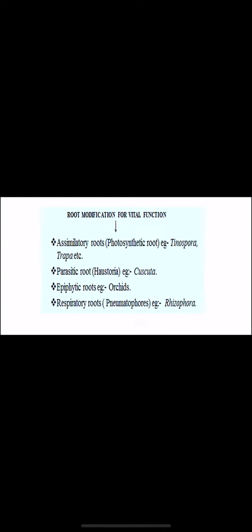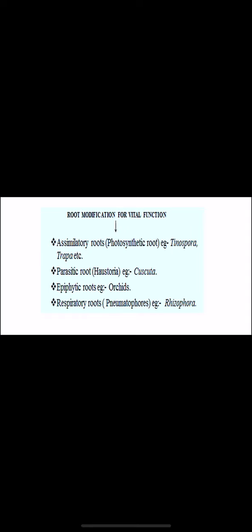In the banyan tree, the roots develop vertically downward. Next is the stilt root, example sugarcane, maize. Next is the climbing root, example piper, betel. Even some roots are modified for vital functions. The first one is the assimilatory root, which helps in photosynthesis, example Tinospora, Trapa, etc. Parasitic root, Cuscuta.